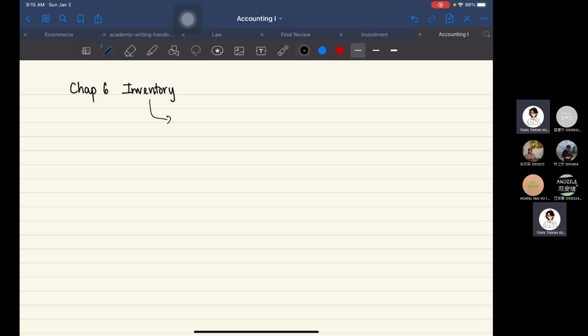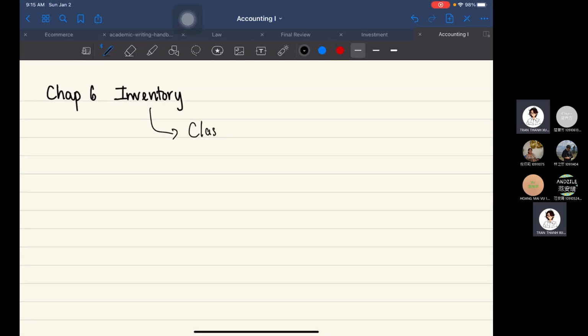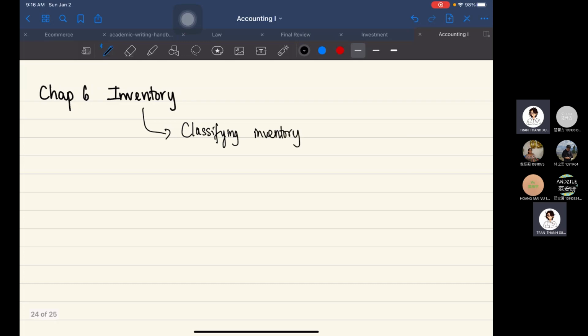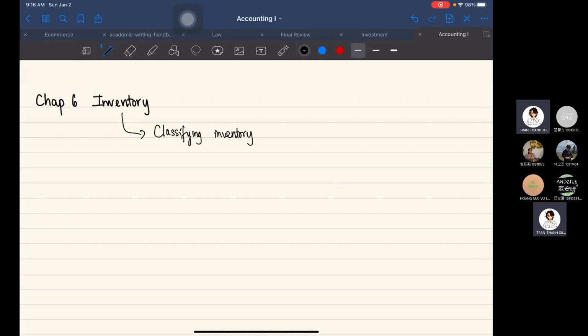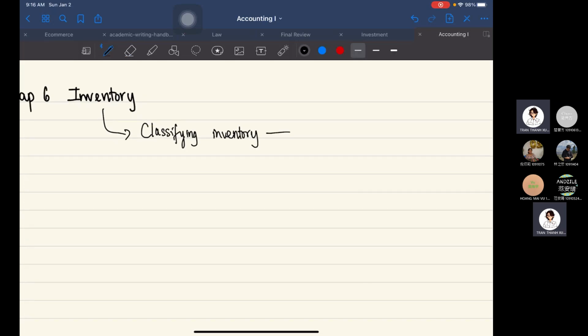So normally, in inventory, there are two kinds of companies that need to use inventory methods.